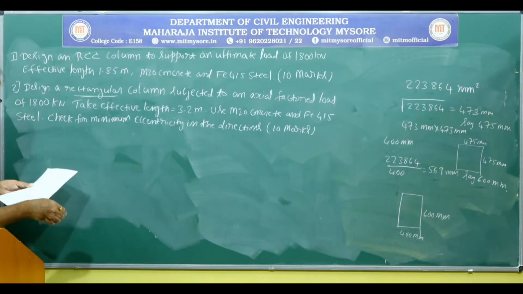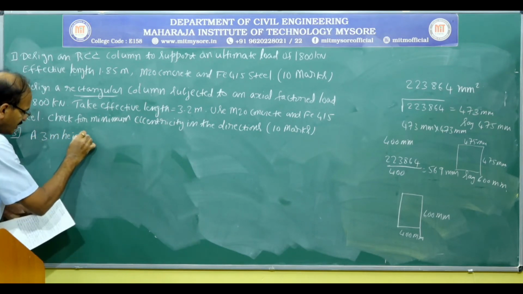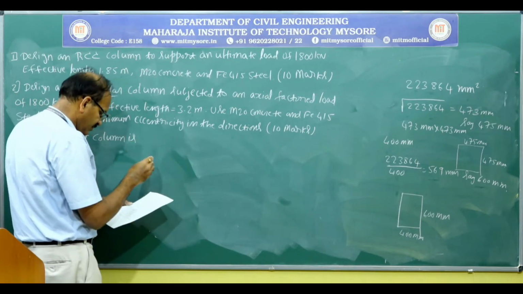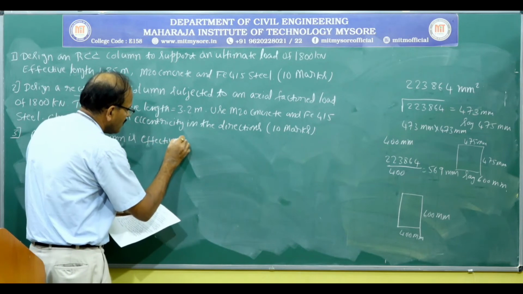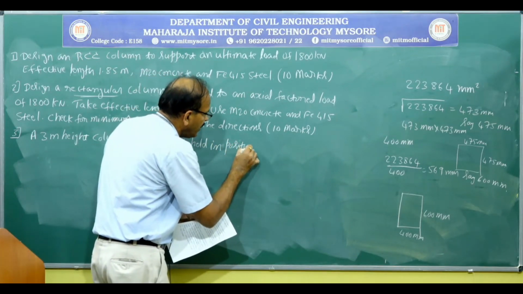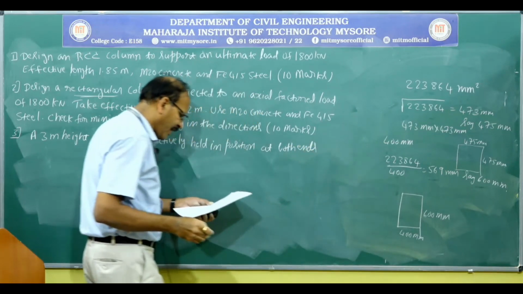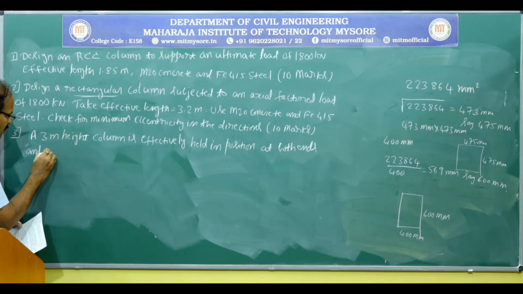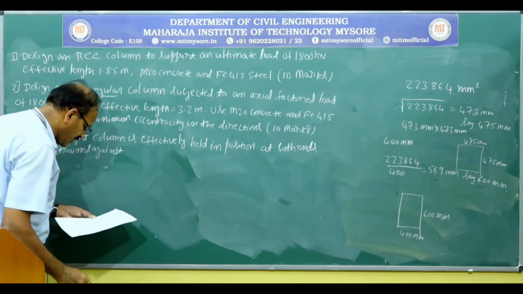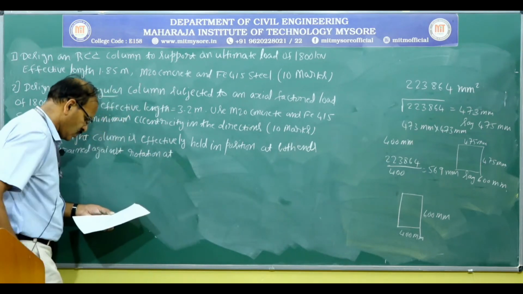So let us write down the next problem. A 3 meter height column is effectively held in position at both ends and restrained against rotation at one end.